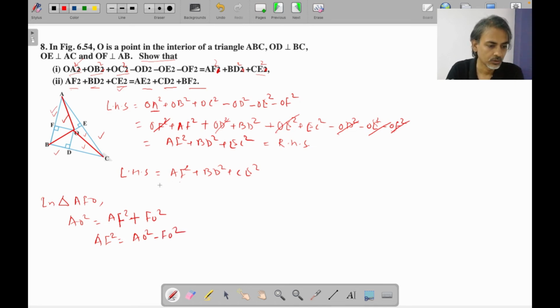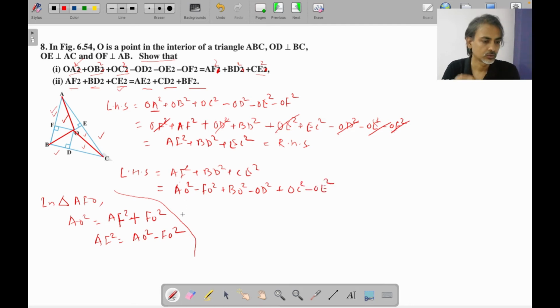So I can write here AO square minus FO square. Similarly, BD square I can write as BO square minus OD square, plus CE square. CE square I can write as OC square minus OE square, right? So this is what I have got.